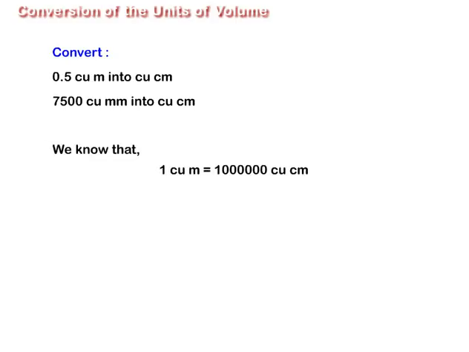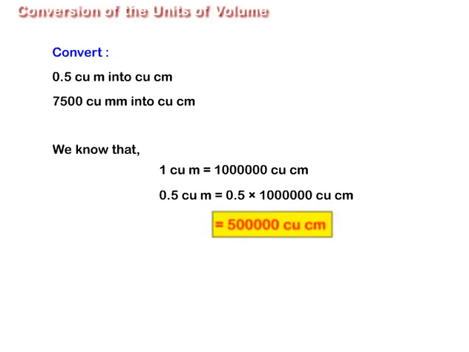We know that 1 cubic meter is equal to 10 lakh cubic centimeters. Therefore, to convert 0.5 cubic meter into cubic centimeters, we multiply it by 10 lakhs and get 5 lakh cubic centimeters.